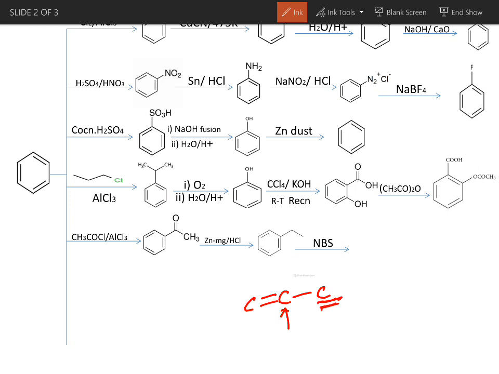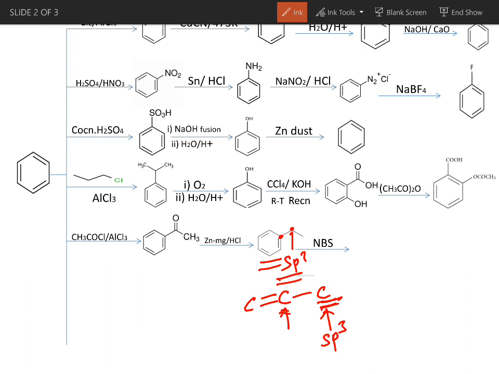A carbon atom which is adjacent to the double bonded carbon, and this carbon should have sp3 hybridization. In benzene, all the carbon atoms are attached to double bonds, where in the side chain this is the double bonded carbon and this is adjacent to that double bonded carbon and has sp3 hybridization, which is called allylic carbon.